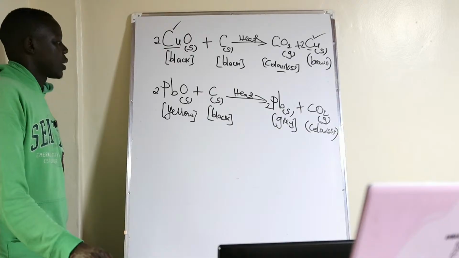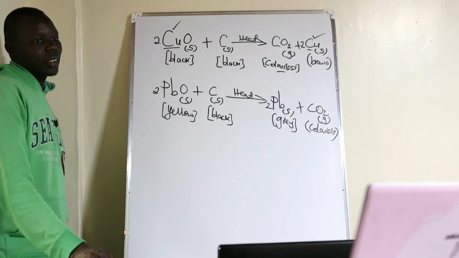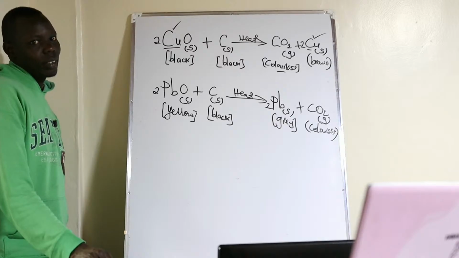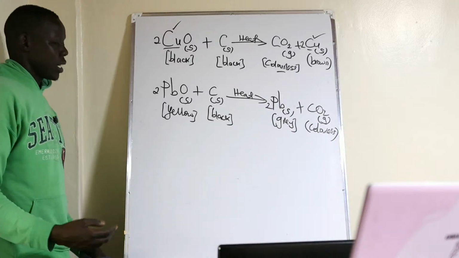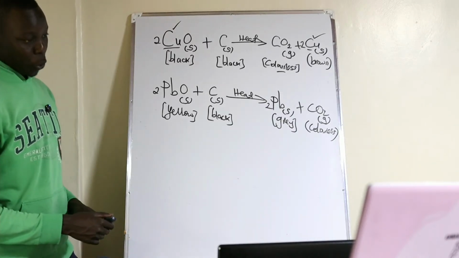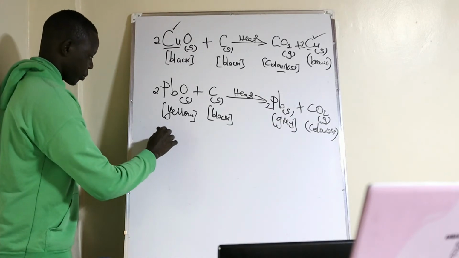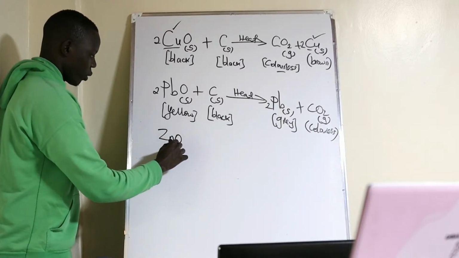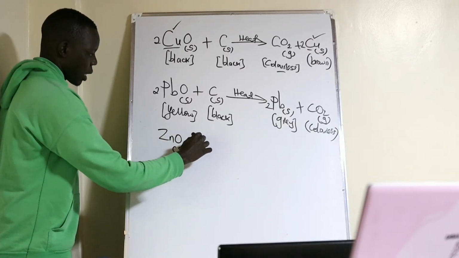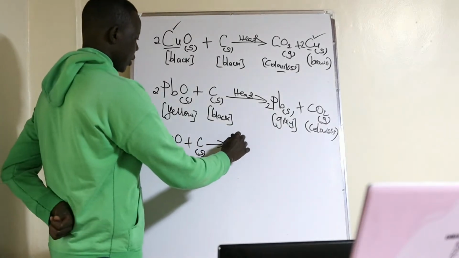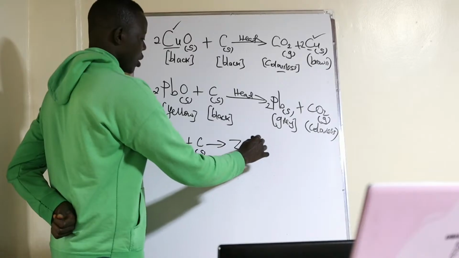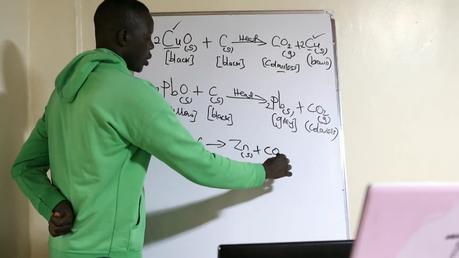Zinc oxide is white, and it is white both when hot and when cold. So zinc oxide solid plus carbon solid will give us zinc, which is a solid, plus CO2, which is a gas.